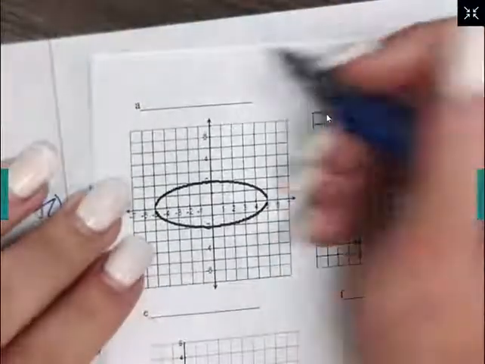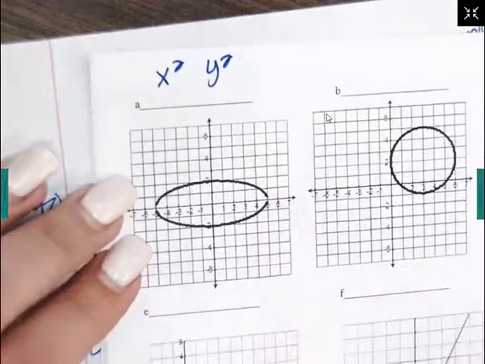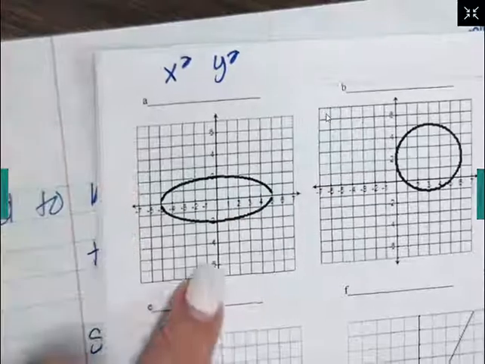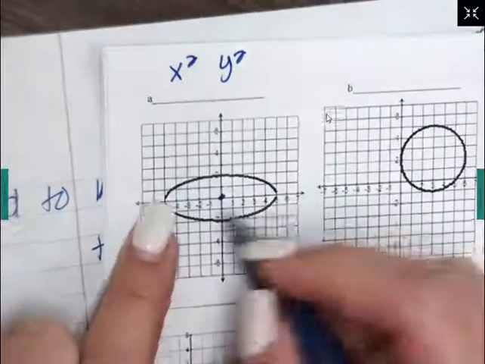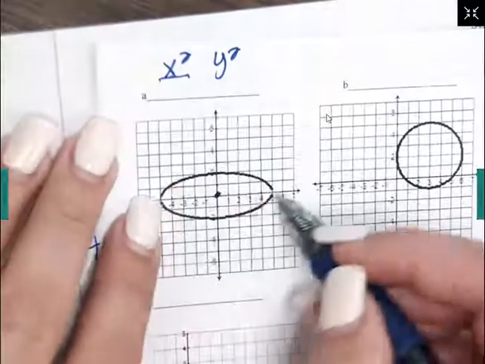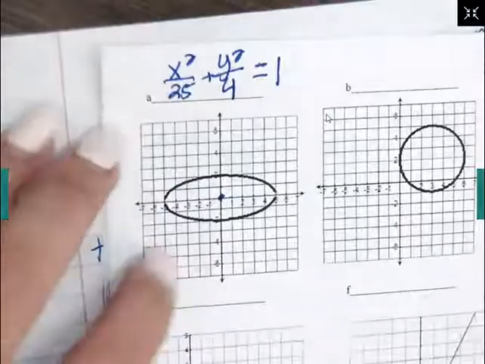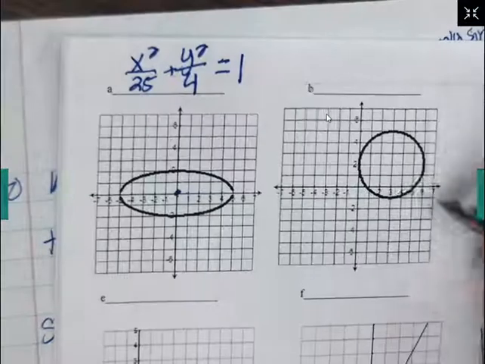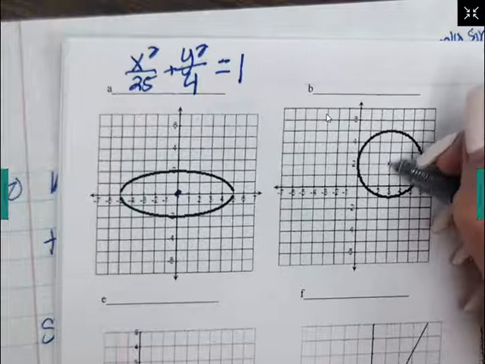We have x squared and y squared, right? We don't have anything in parentheses because you can see that our center is at 0, 0, right? Now, the longer one goes under the x right here because it's longer. 1, 2, 3, 4, 5 squared. Now our center is different over here, isn't it? 1, 2, 3, 4, 5, 6. 1, 2, 3.